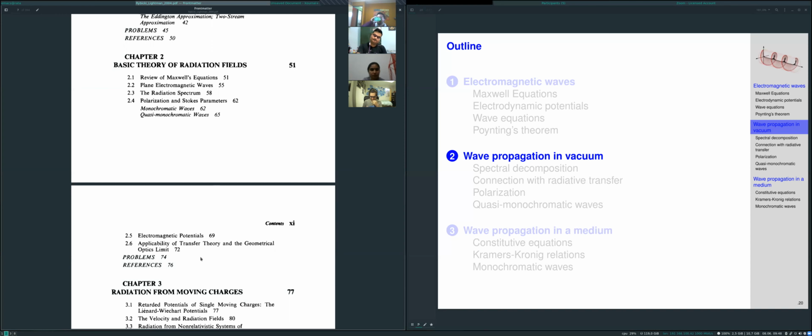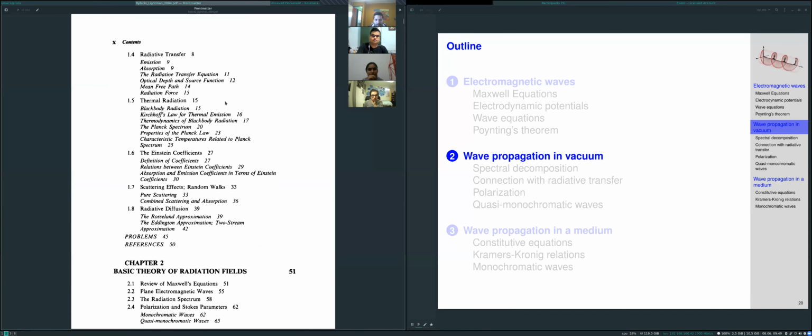Please prepare the lectures. For Thursday, let's quickly review chapter 2 and very briefly go through it. It's quite short compared to the first chapter.